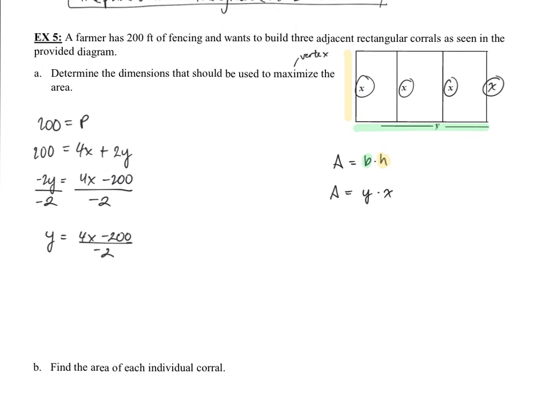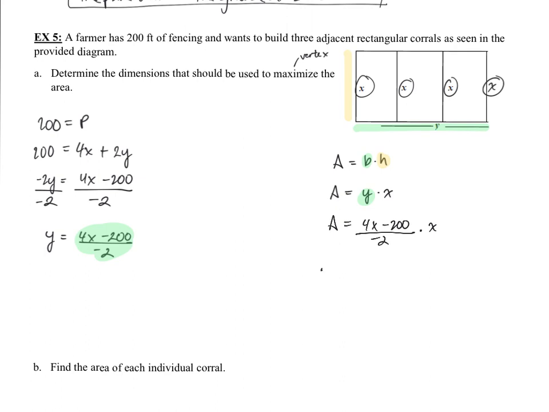I'll go ahead and replace my y in this equation with that value. So you might be wondering, why are we doing this? Well, remember, we don't know how to work with two variables yet. So we need to rewrite this in terms of just x, which we know how to work with.